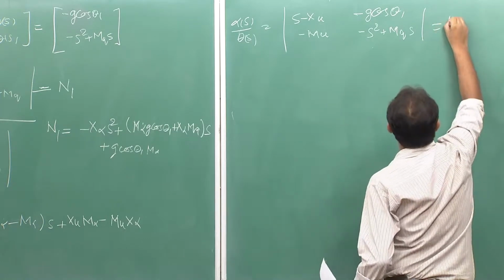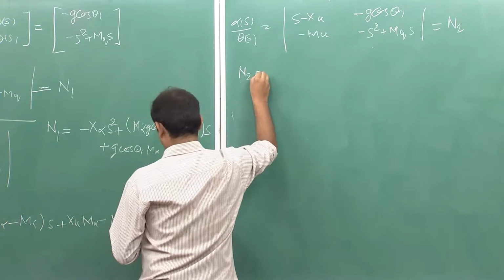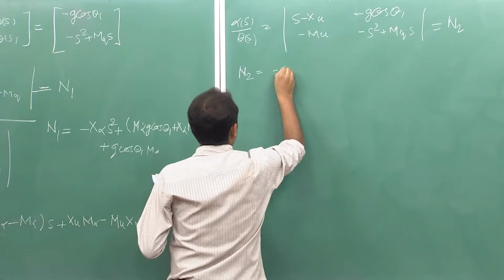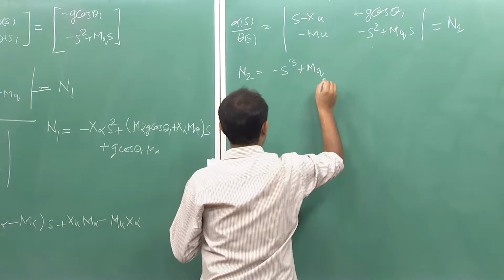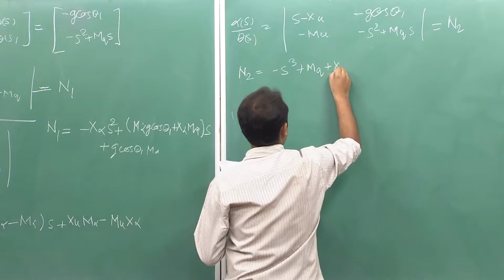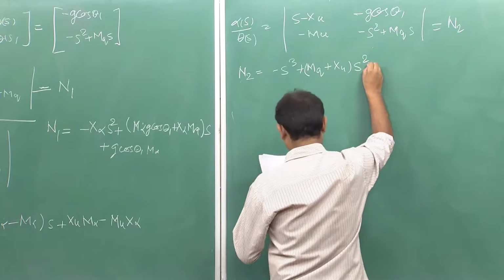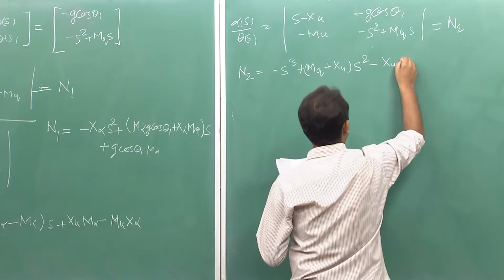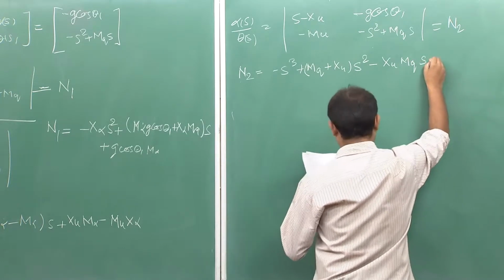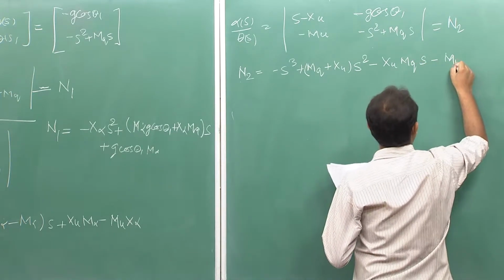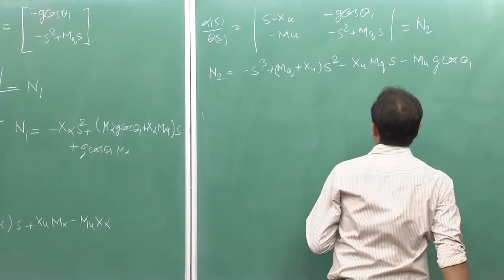Let me call this n2, numerator 2. The value of n2 will be minus s cube plus m q plus x u into s square minus x u m q s minus m u g cos theta 1.